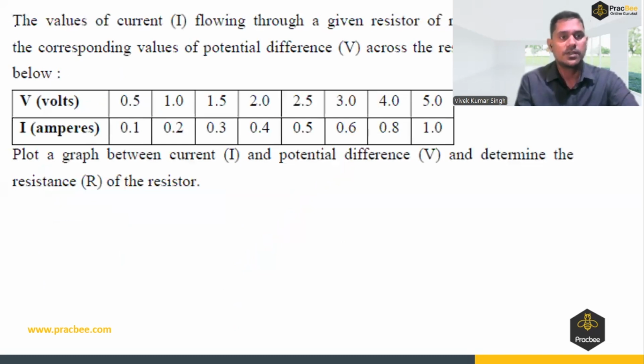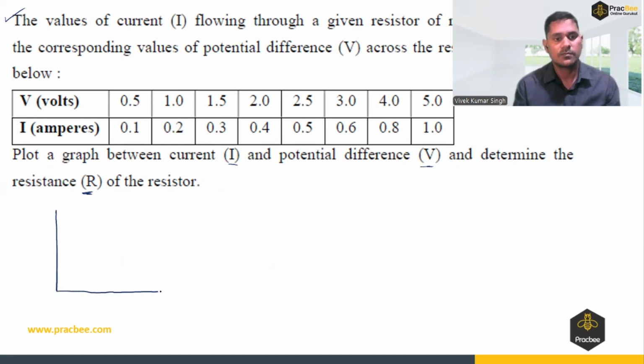Now, this is a question which is asked in board exams. The voltage and current are given, and we have to plot the graph between current and potential difference and determine the resistance of the resistor. Let's plot a graph. I am taking current along the y-axis in ampere and voltage along the x-axis in volt.